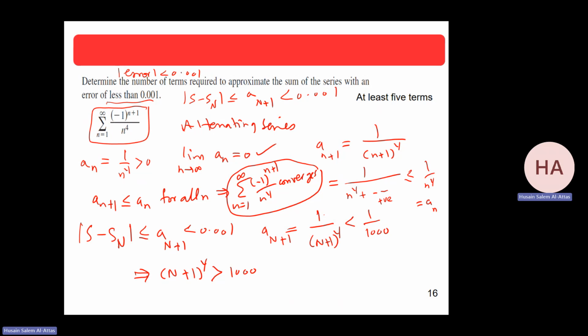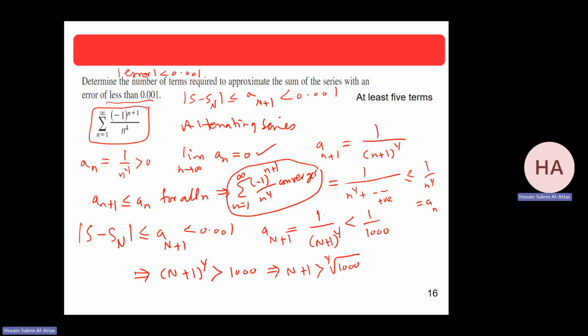So I need to check which n will make it good. We can think of it as n plus 1 greater than the fourth root of 1000.